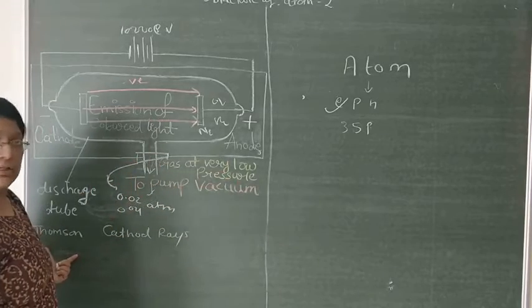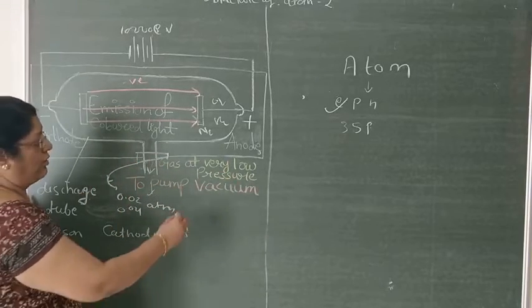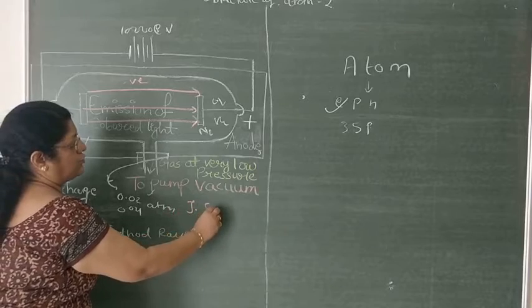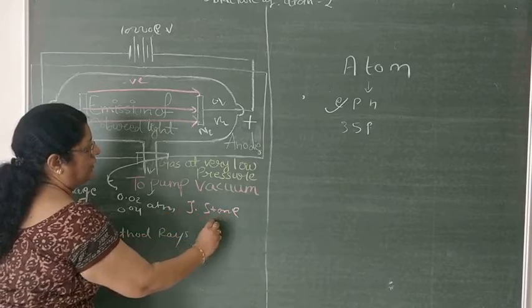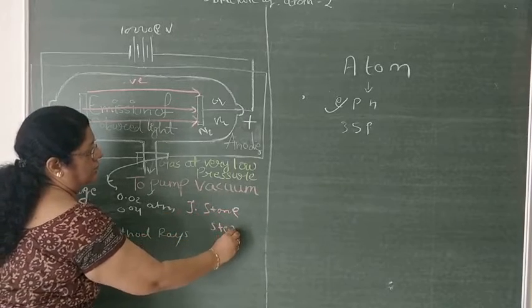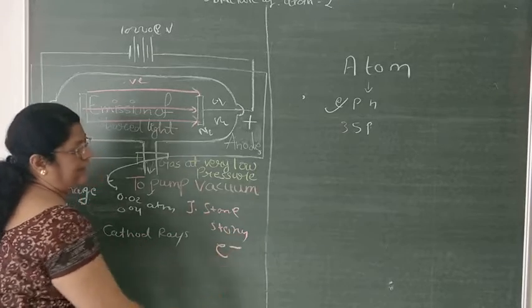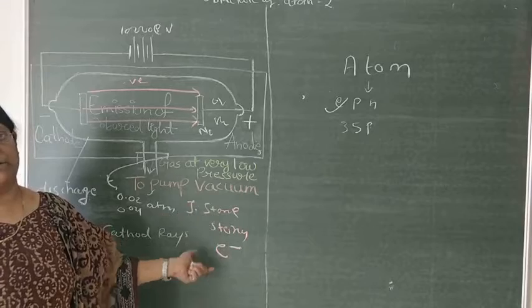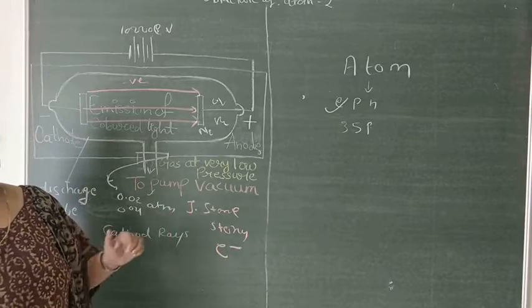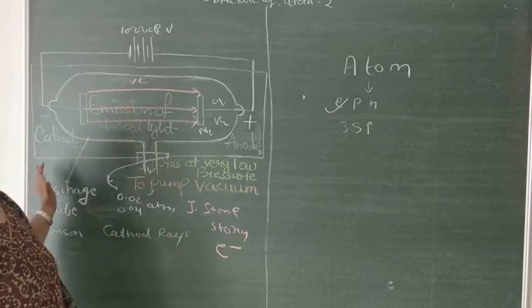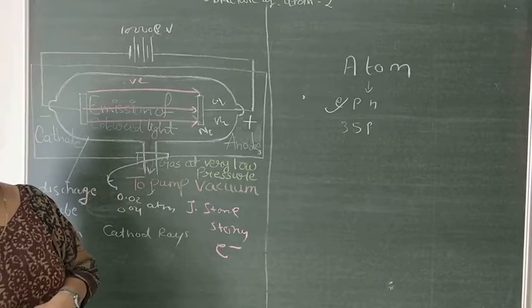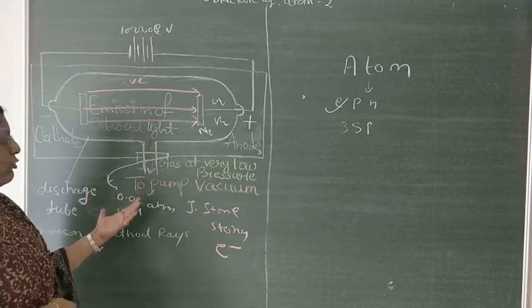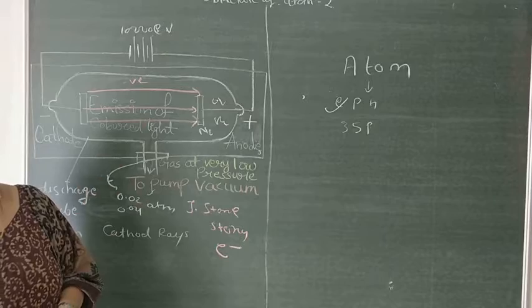Thomson discovered the electron, but the name electron was given by J. Stoney. In this way we learned about cathode rays and about the electron.